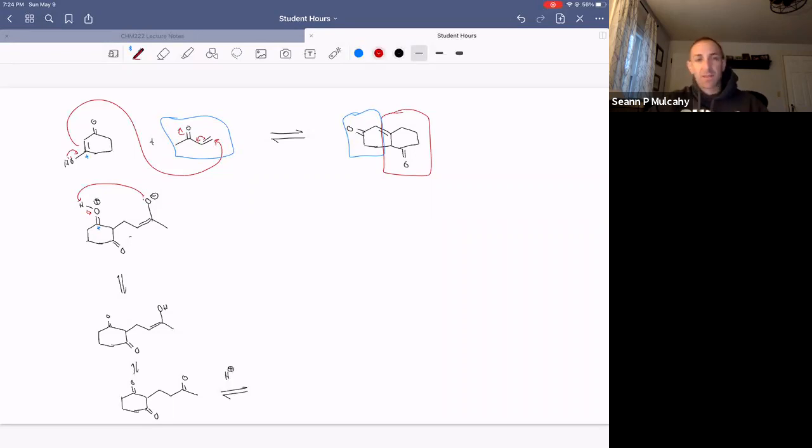Because what's the second step in a Robinson annulation? An aldol reaction, right? And so what we need to do for an aldol reaction is to take this carbon atom right here and do a condensation onto that carbon atom right there. But in order to do that, we need to get it into a form in which it's reactive. So we're not going to form an enolate this time, but what we're going to form is actually an enol, which has the same kind of reactivity. So why don't we protonate this?